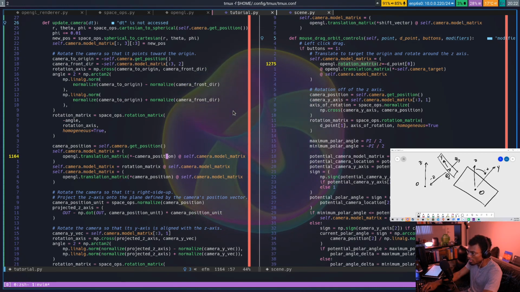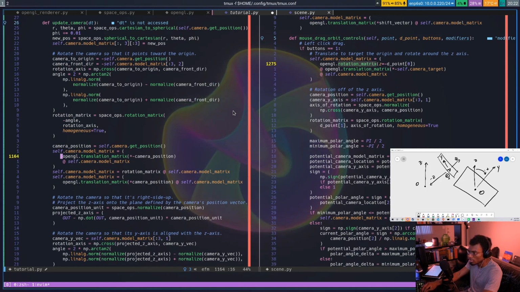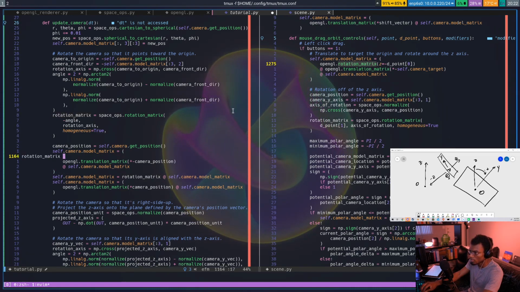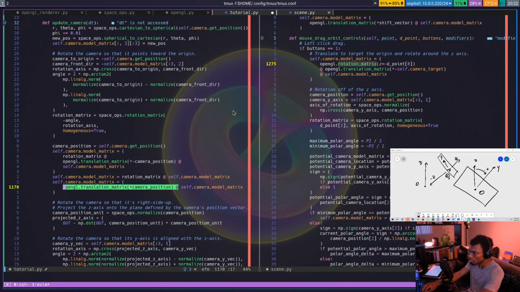I doubt it'll make any difference, but I'm gonna do this inline. So translate, rotate, and then translate again.